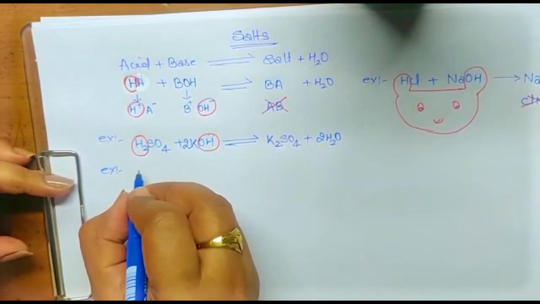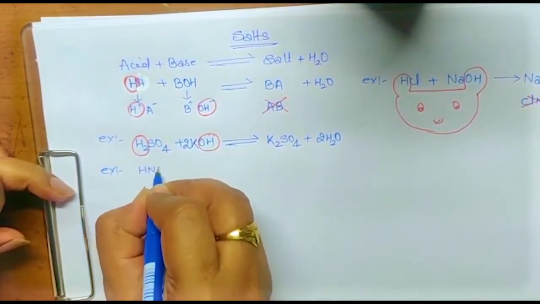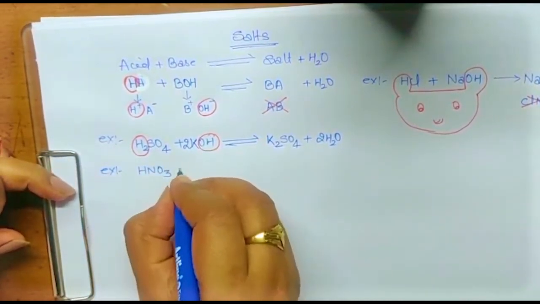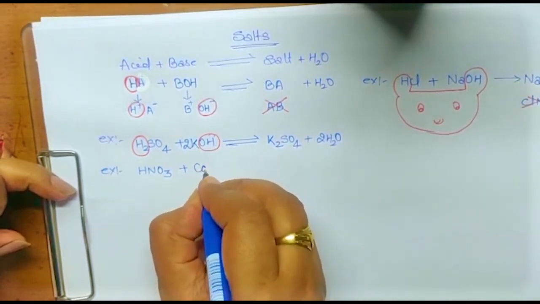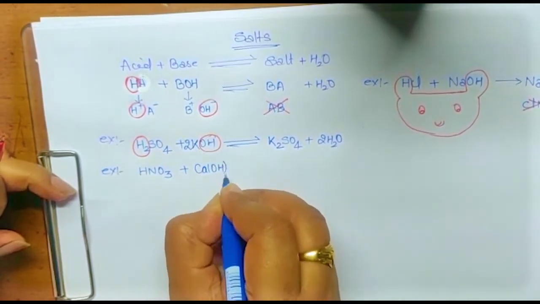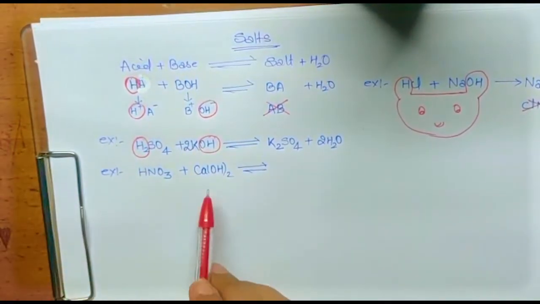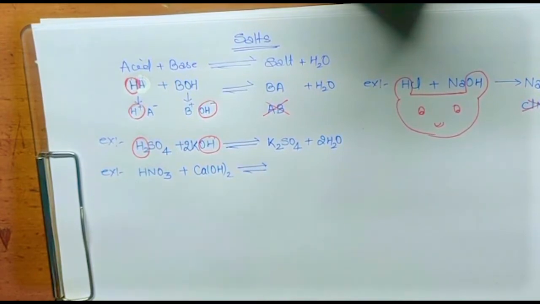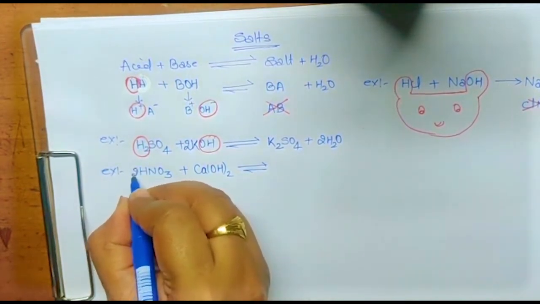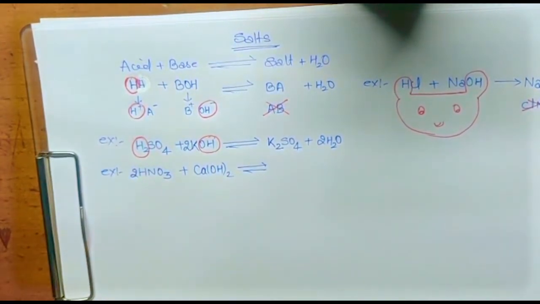Yes? Now, let's do another example. Suppose I'm taking HNO3 and calcium hydroxide. In this case, how many OH do we have? 2. But how many H do we have? 1. So what will we do? We'll make 2 over here. Isn't it? Clear?